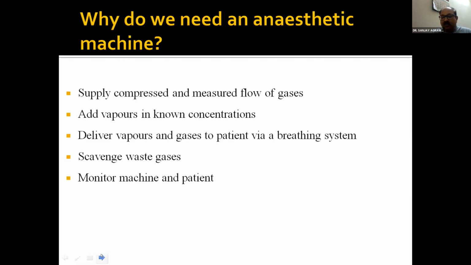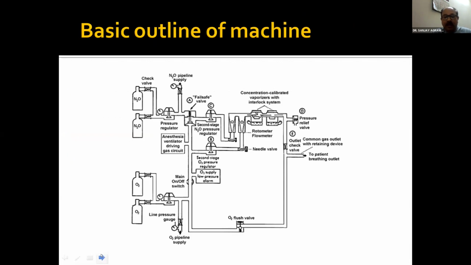We can deliver this vapor and the gas to the patient via the breathing system. We can scavenge the waste gas and also monitor the machine as well as the patient parameters. So these are the reasons why we require an anesthesia machine.